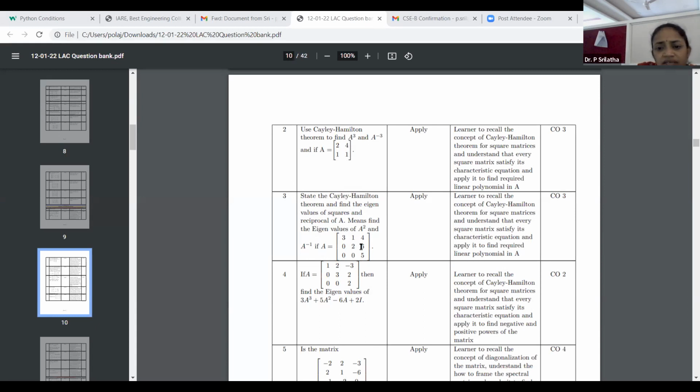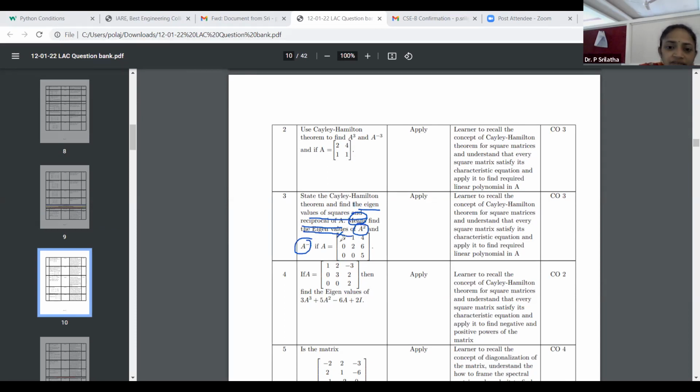First, you need to state the Cayley-Hamilton theorem, just write the statement. After that, find the eigenvalues.